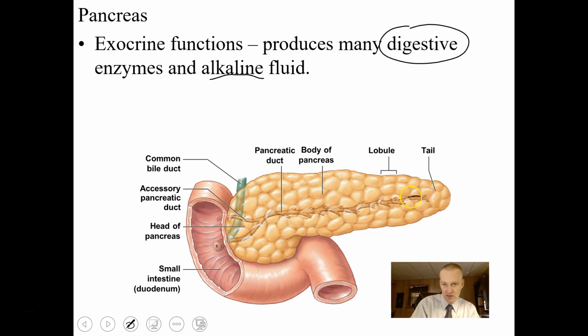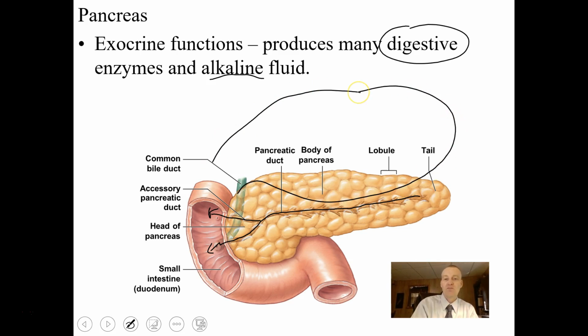These digestive and alkaline fluids are put into the pancreatic duct, and they're dumped into the small intestine so they can mix with food and help to digest it. The stomach, located up here, is going to dump a lot of acid into the small intestine, and the alkaline fluid, which is a base, will help to neutralize the acid coming from the stomach.